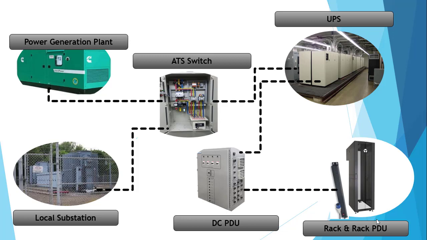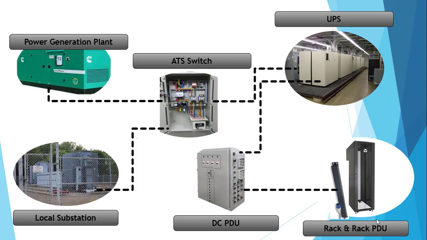Now that you have understood all the devices, let's talk about redundancy. But before that, let me cover one small component that I had missed, which is the rack PDU. You can see the picture of the PDU strip near the rack in the bottom right of this slide.